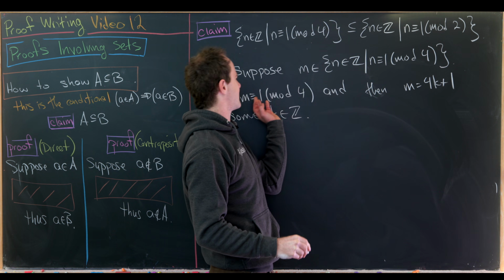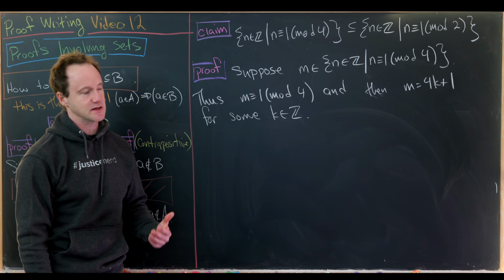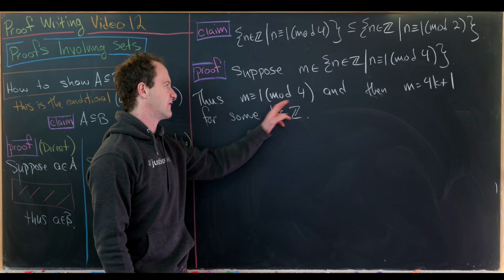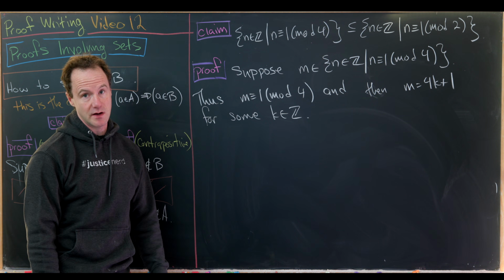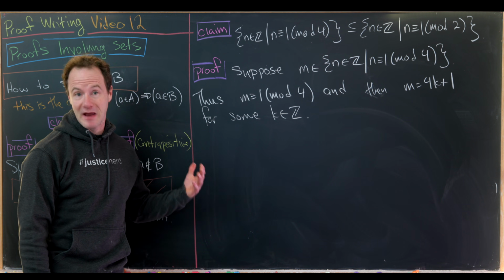Now we did this step from here to here in more than one step previously. We moved through divisibility, so we would say in the middle that 4 divides m minus 1, but I think this is okay just to jump all the way there from now on.